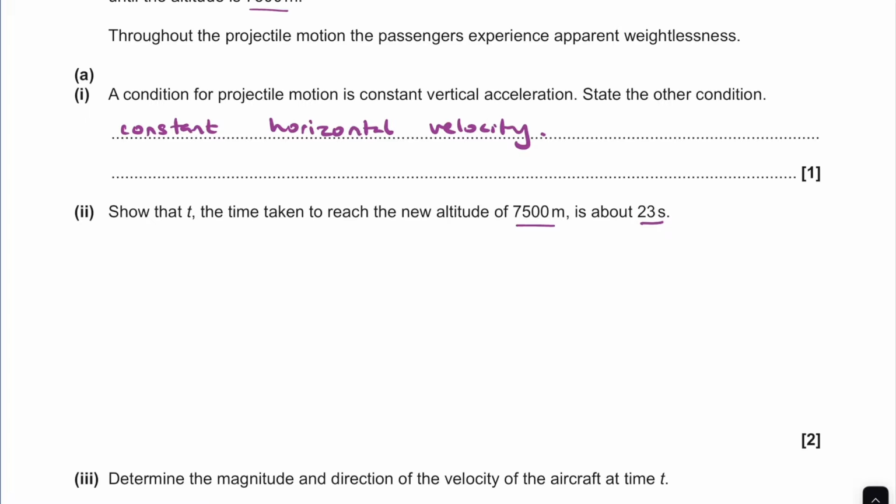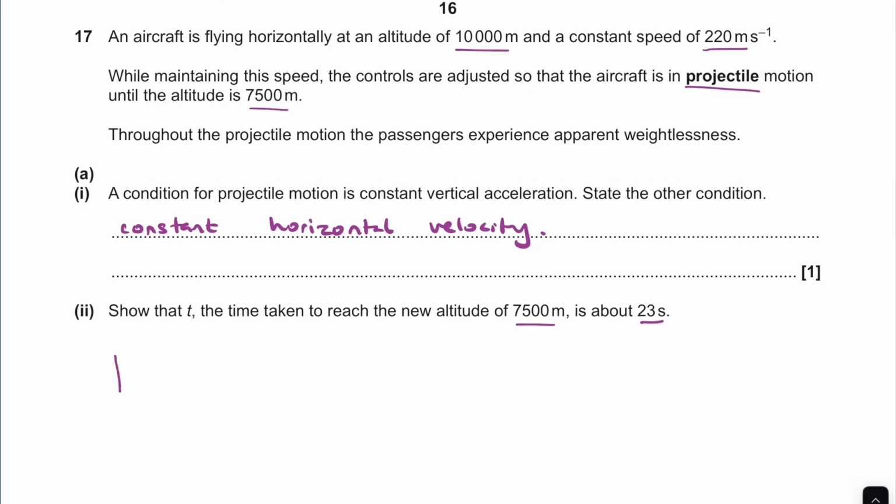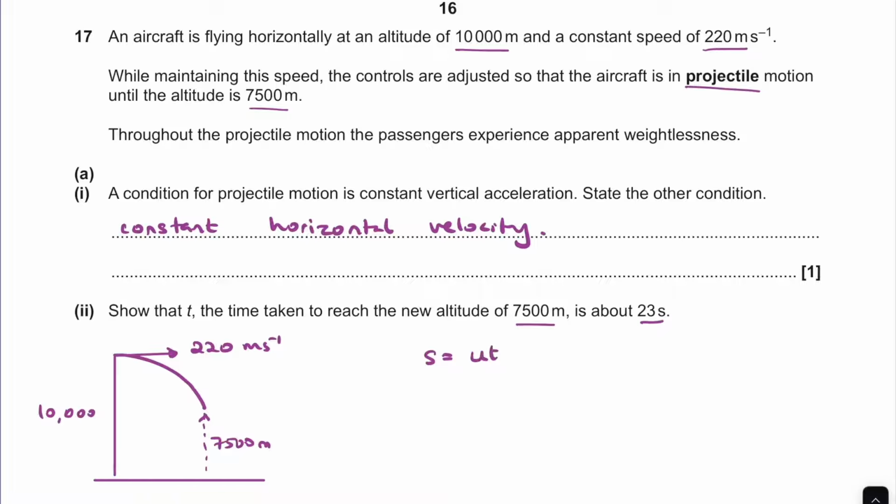So let's look at what's going on. We've got an altitude of 10,000 meters, and this is a horizontal projectile, so it goes to an altitude of 7,500 meters. We can use SUVAT. We know the initial horizontal speed is 220 meters per second. s equals ut plus half a t squared.